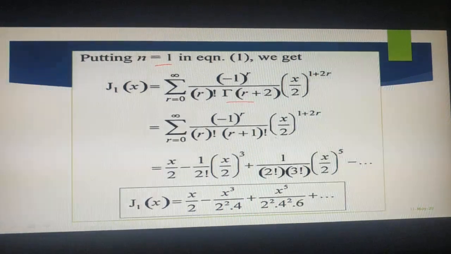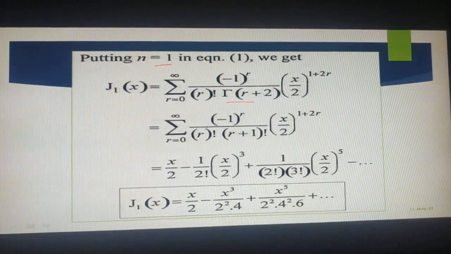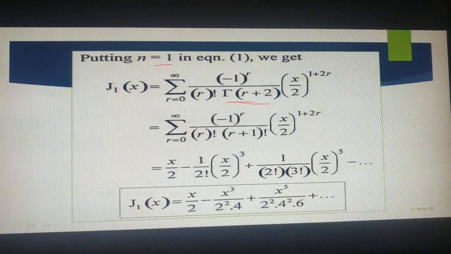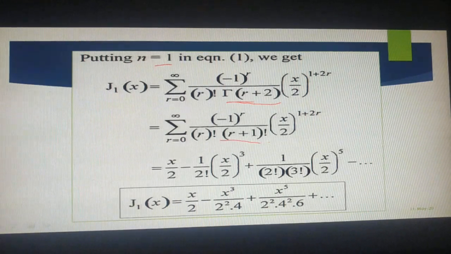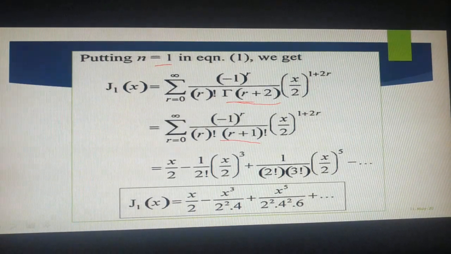Here as usual, gamma of r plus 2 is there, and I can write gamma of r plus 2 as (r plus 1) factorial from the gamma definition, isn't it? So summation r is equal to 0 to infinity, minus 1 whole to the power of r by r factorial into (r plus 1) factorial, x by 2 whole to the power of 1 plus 2r. So this is in the sigma form.